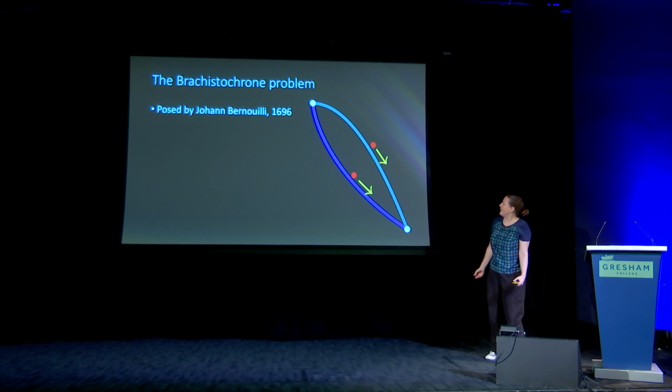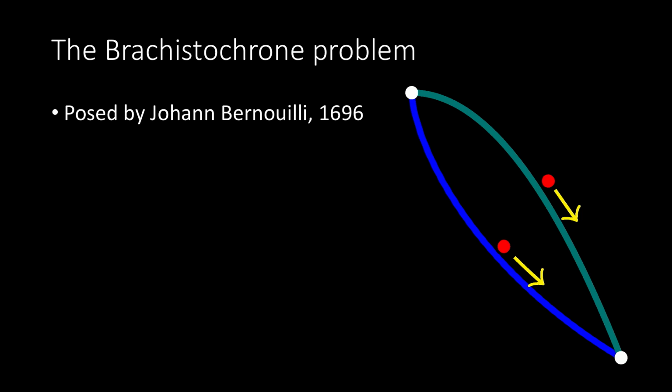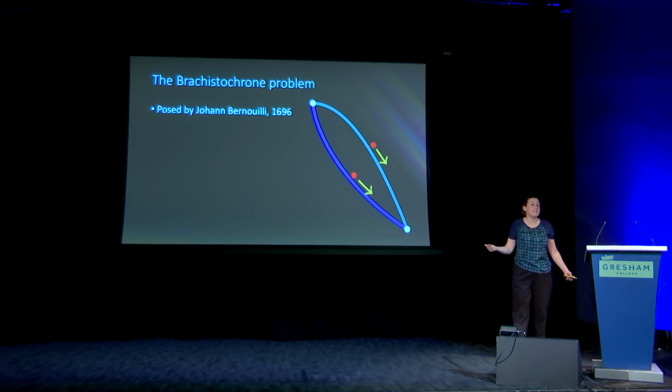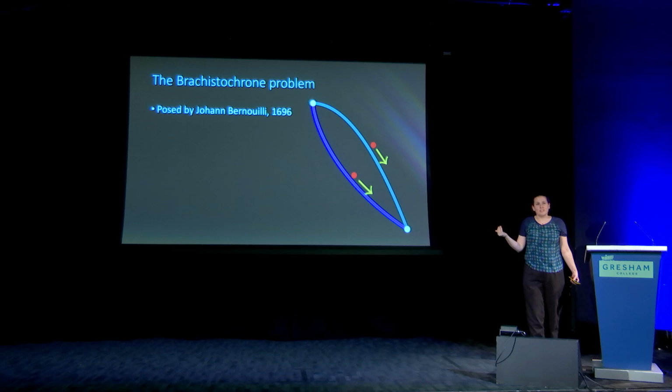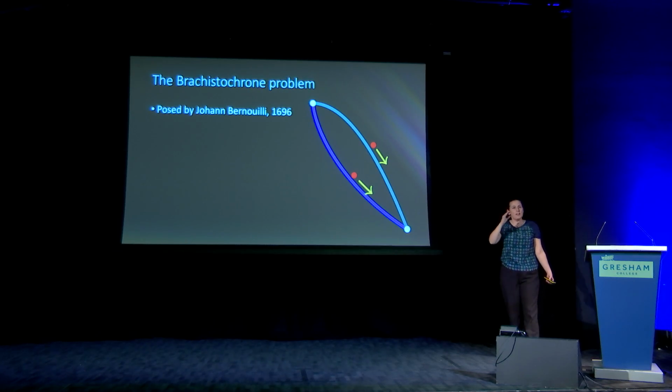Well, since we were talking about the Tautochrone problem, I want to mention the Brachistochrone problem, which, depending on how good your Greek is, mine isn't very good, but I happen to know that Brachistochrone means kind of shortest time. This problem was posed by Johann Bernoulli in 1696. He said, okay, what about a slightly different situation?